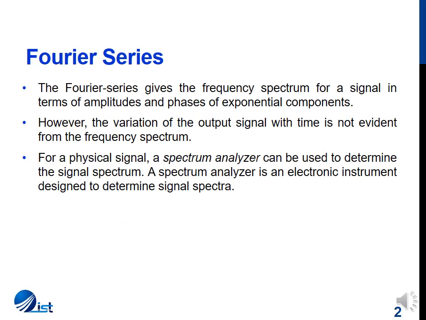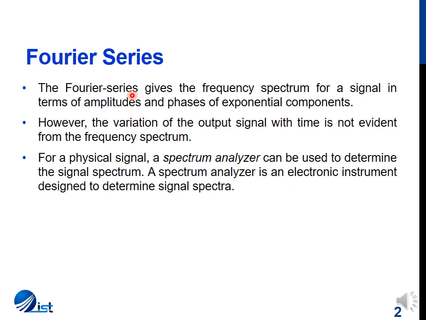Before going to the properties, just a quick recap of Fourier series. In lecture 27, we saw that the Fourier series gives us the frequency spectrum of a signal in terms of amplitudes and phases of exponential components.